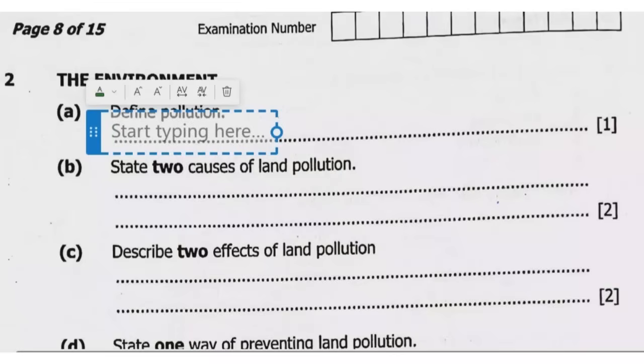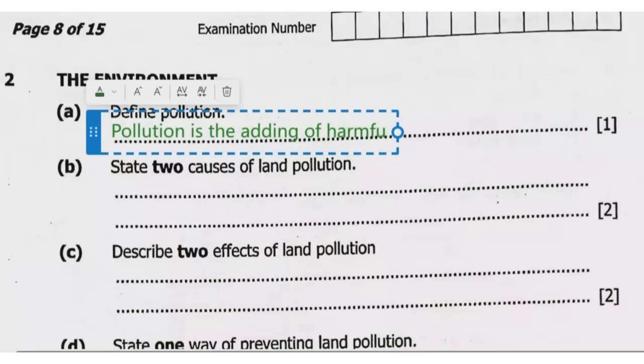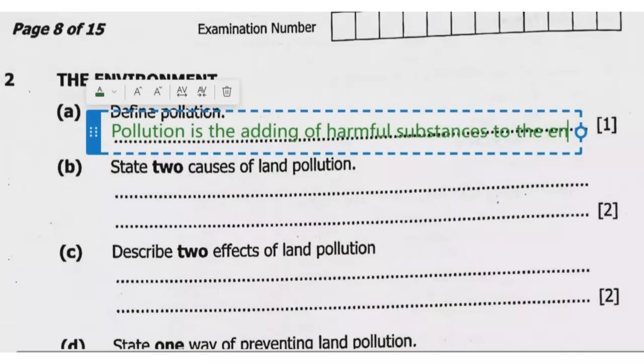We can say pollution is the adding of harmful substances to the environment.